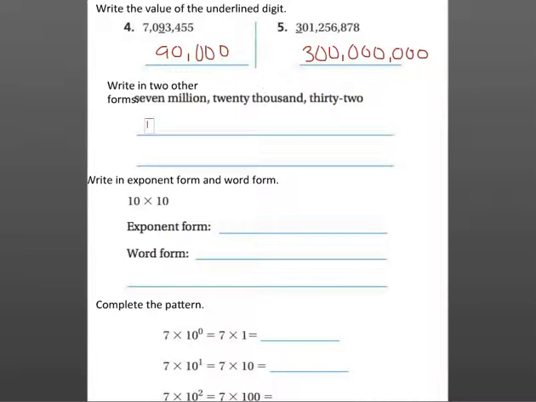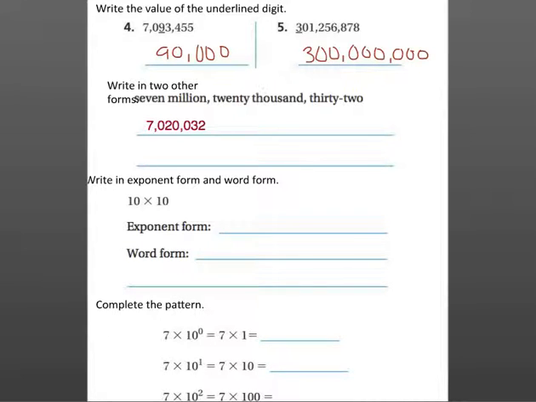So I would need to write out 7,020,032. So let me make this a little bit bigger so we can see it. There we go. So this is 7,020,032.